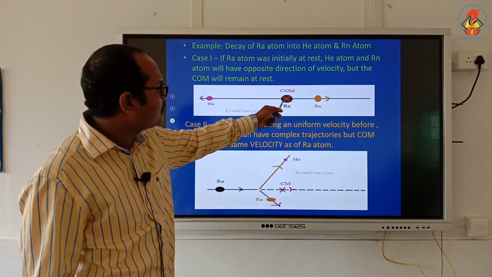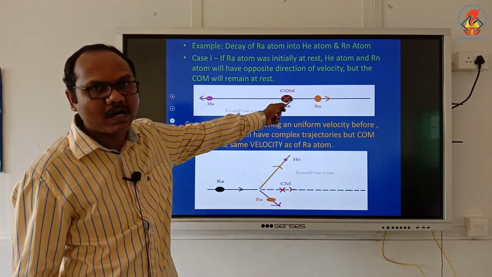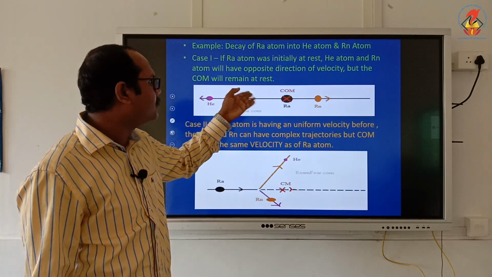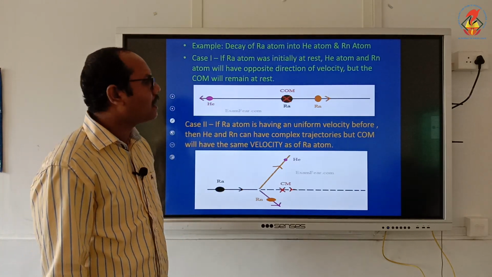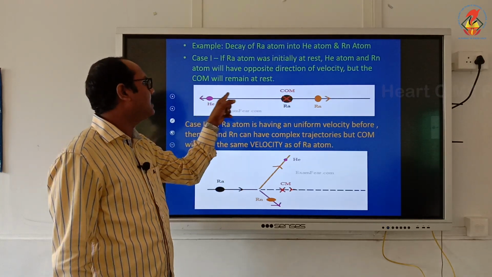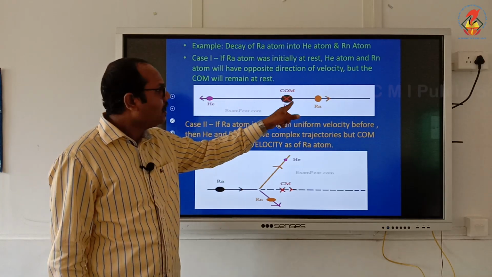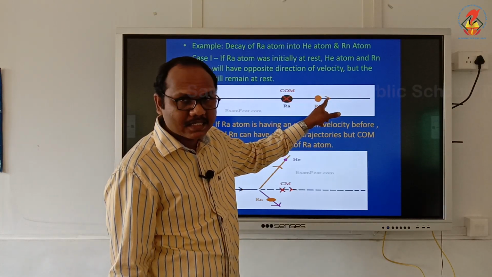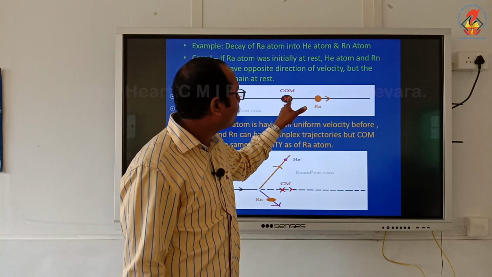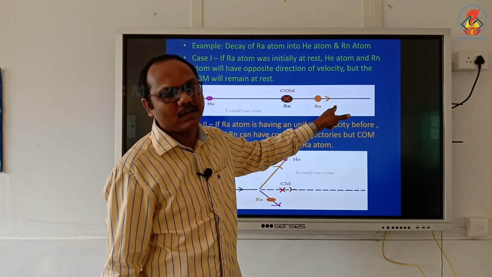So what happens? This is the center of mass point I have marked. When it splits into two, helium and radon, helium is small in size, so it moves with a greater velocity. Radon is more in size, so it will go with less velocity.